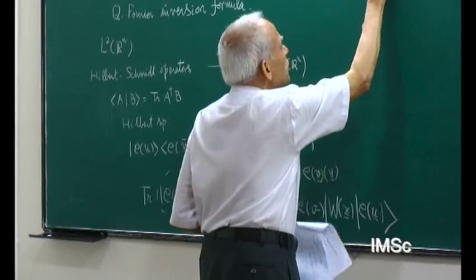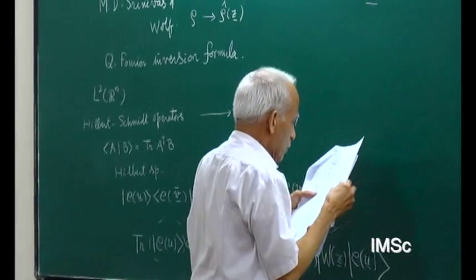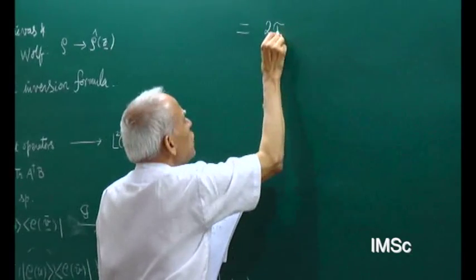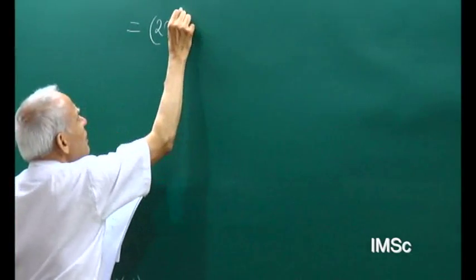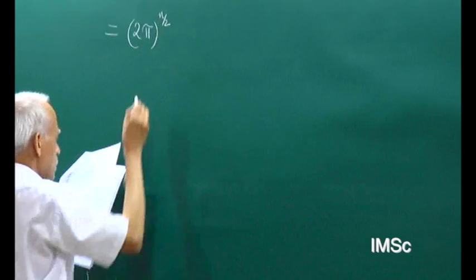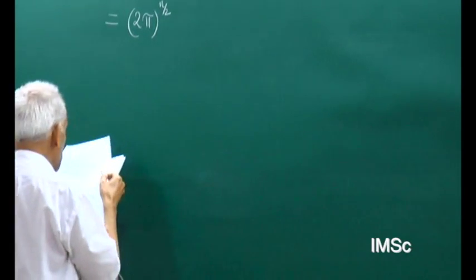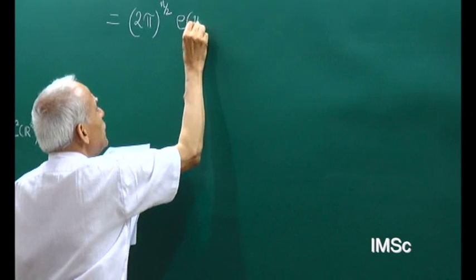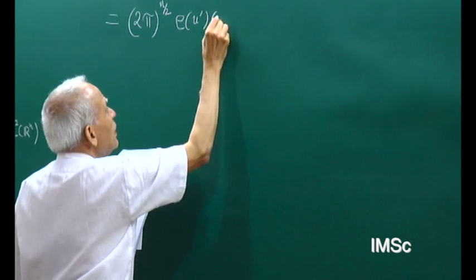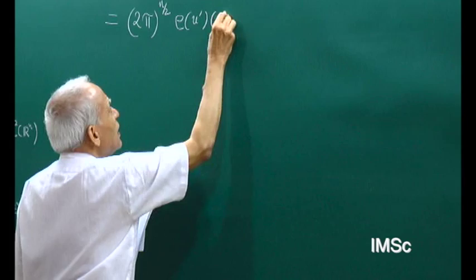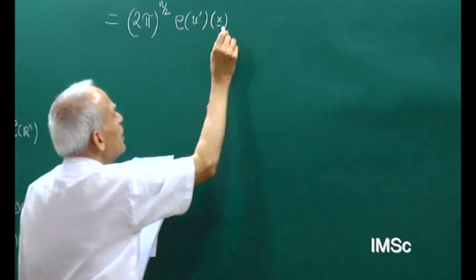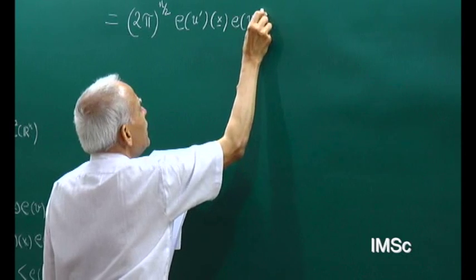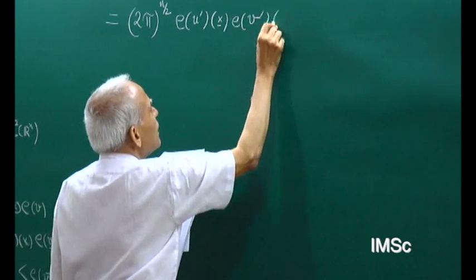Then this becomes equal to the following expression: (2 pi) to the power n over 2. So, that is an exercise for you. It splits into two: E_u' at the point x multiplied by E_v' at the point y.